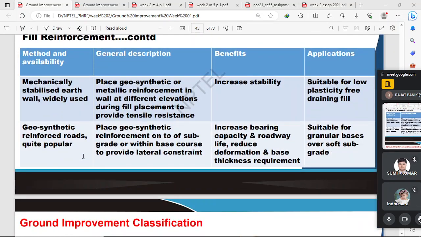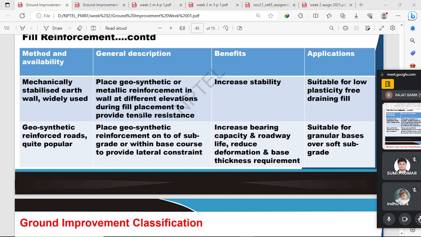Other types of field reinforcement are the mechanically stabilized earth wall and the geosynthetic reinforced road. In the mechanically stabilized earth wall, we place geosynthetic or metallic reinforcement in the wall at different elevations during the fill placement and provide tensile resistance to the soil.